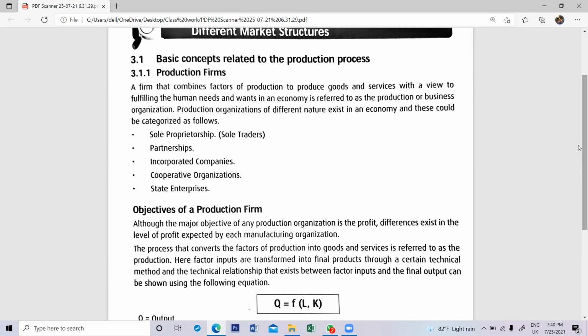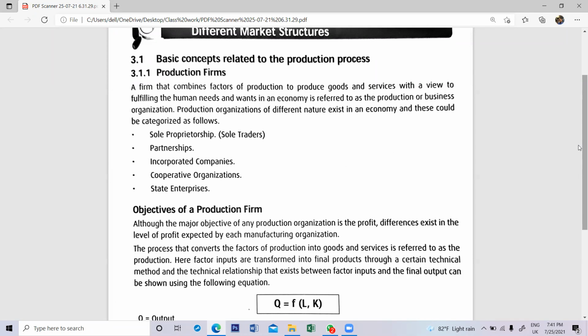Thereafter, cooperative organizations. These are also private sector. This may not have a target called profit. They may concentrate on some other objectives like achieving wealth for members, achieving particular targets for members.